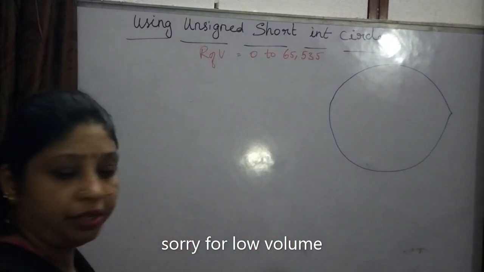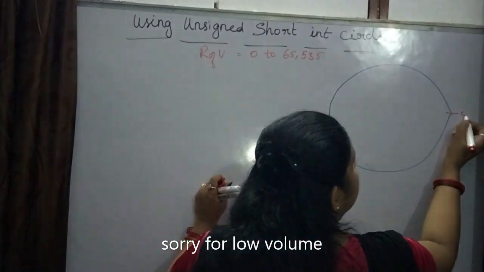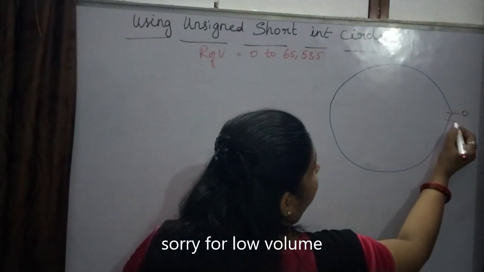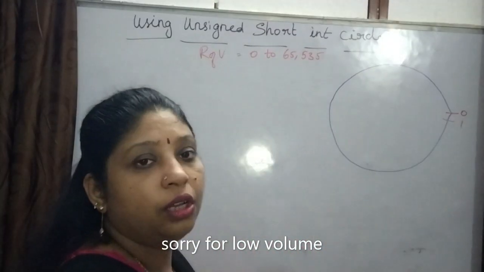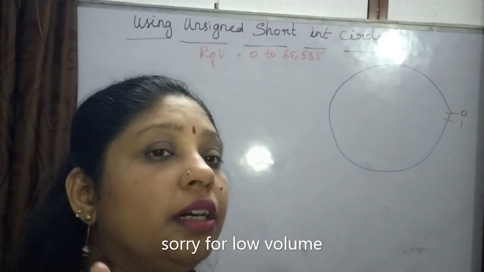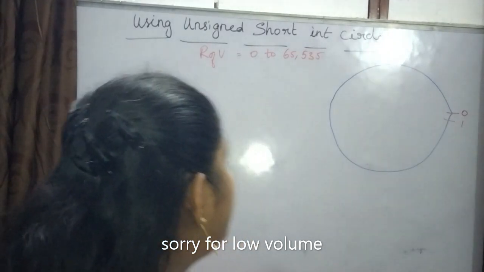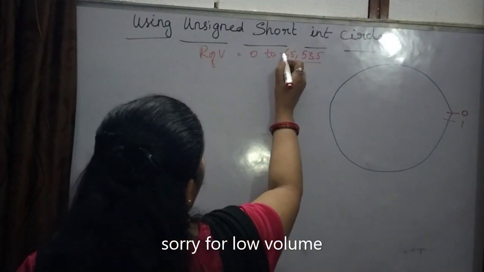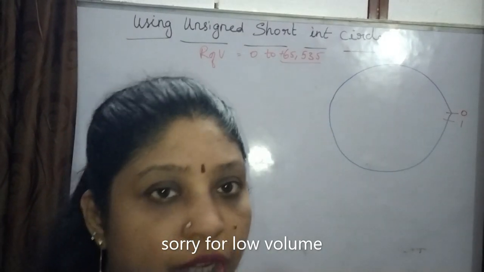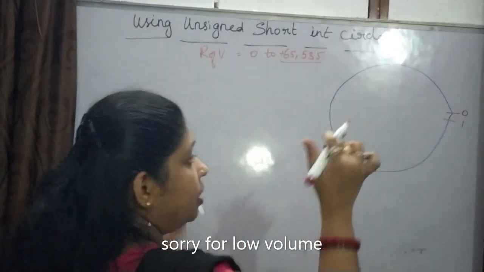So it starts from 0, 1. One more thing to understand: it takes only positive values. If you don't write a plus sign, it means it is a positive value only. Observe how I make this.